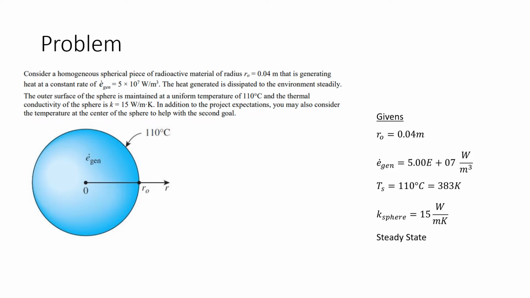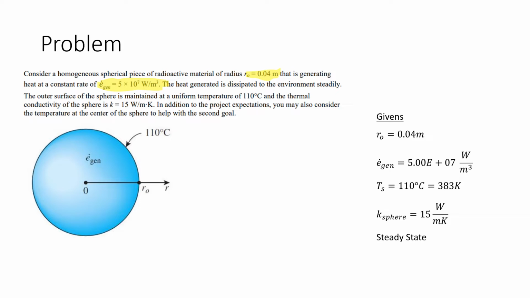This is the problem I'm going to be going over, which is a homogeneous spherical piece of radioactive material. The first thing I like to do for these types of problems is to find all of my givens. The outer radius is 0.04 meters. It is generating heat at a constant rate of 5 times 10 to the 7 watts per meter cubed.